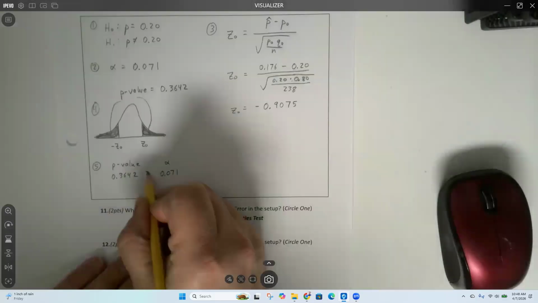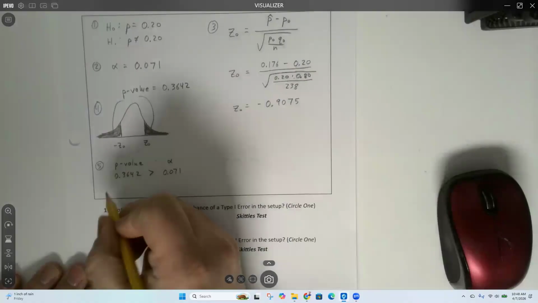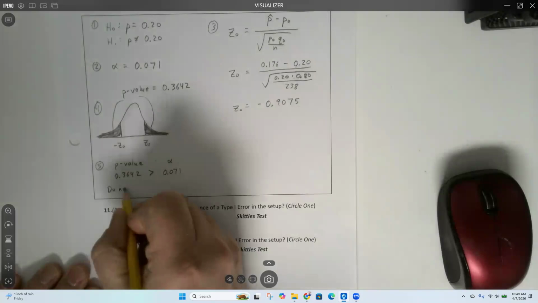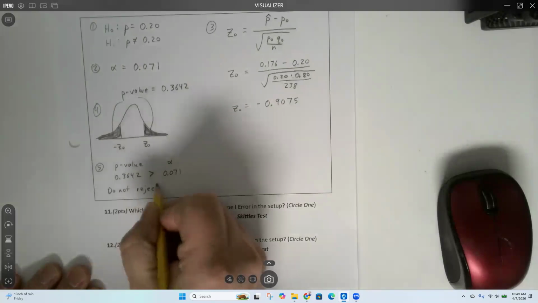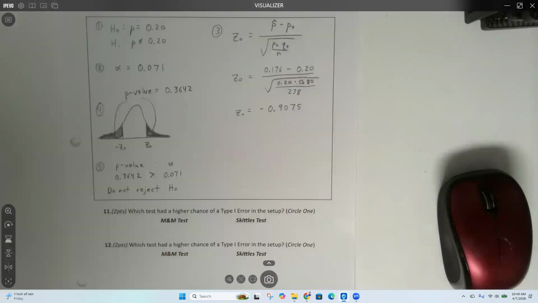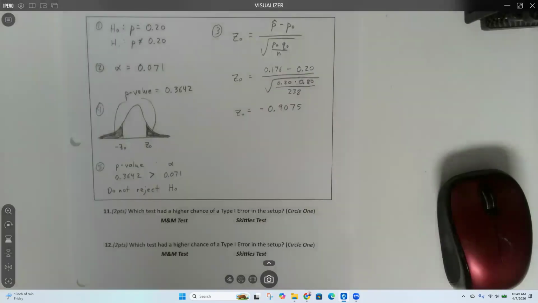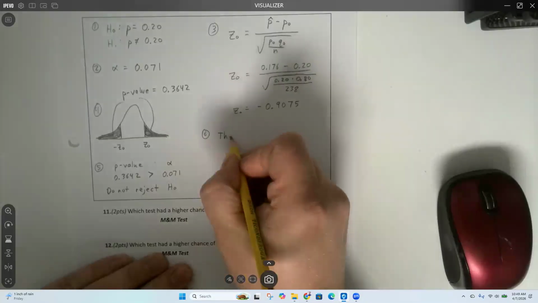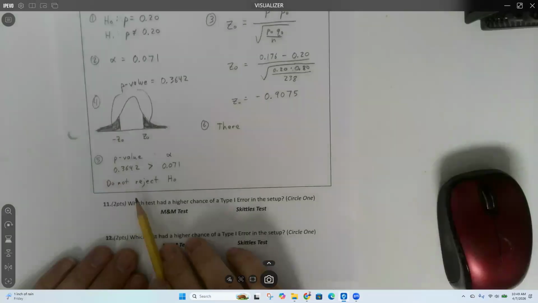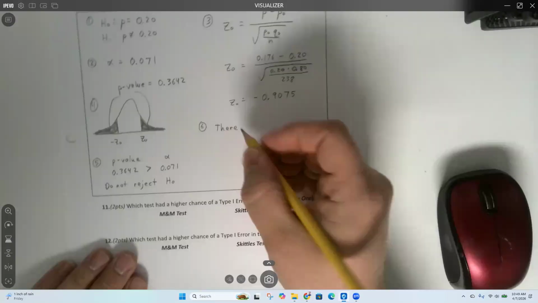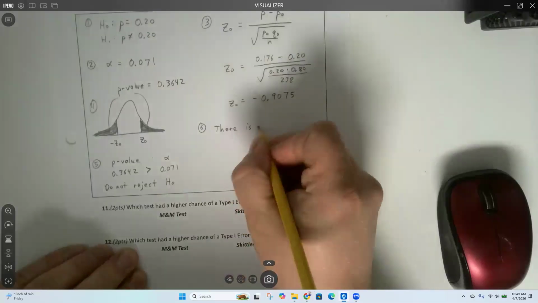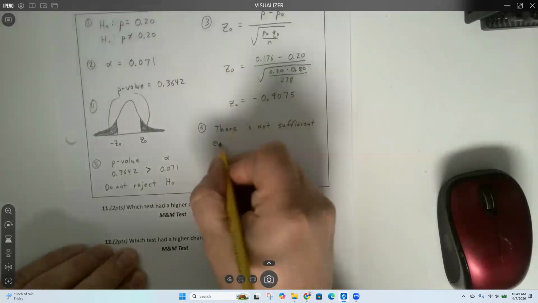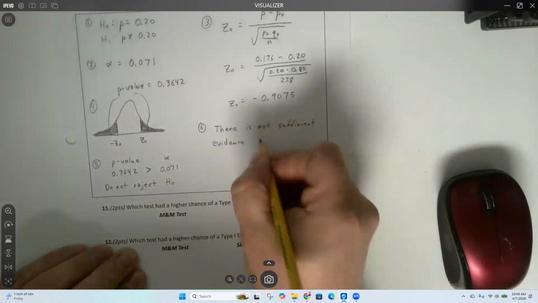So I get greater than, so I do not reject. And then we'll write out our conclusion. If you did reject, you would write there is sufficient evidence. I am going to write there is not sufficient evidence to support Willie's claim.